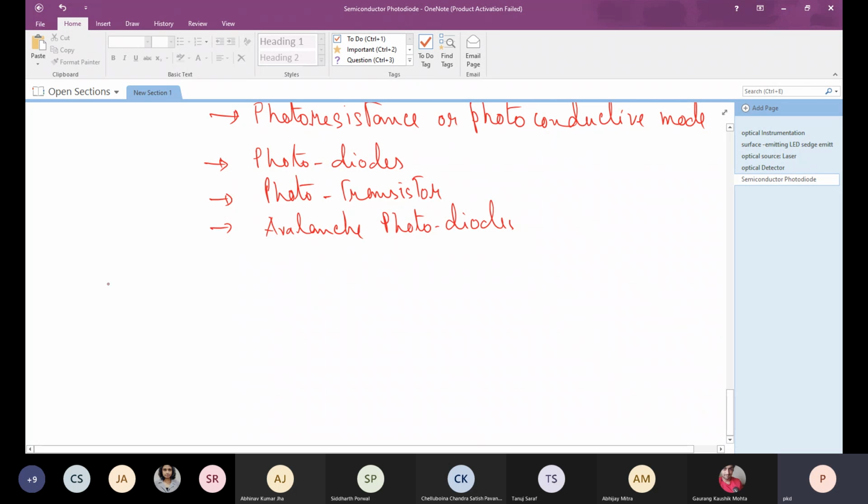So in case of photoconductors, when photons are absorbed, there will be an electron hole pair generated.